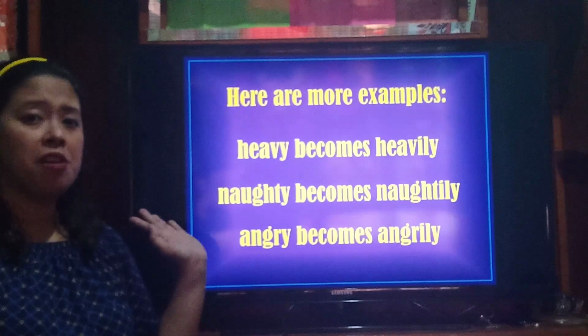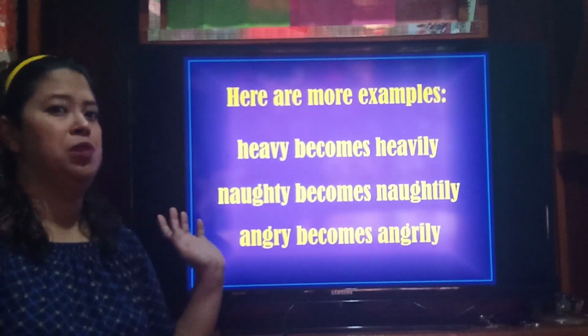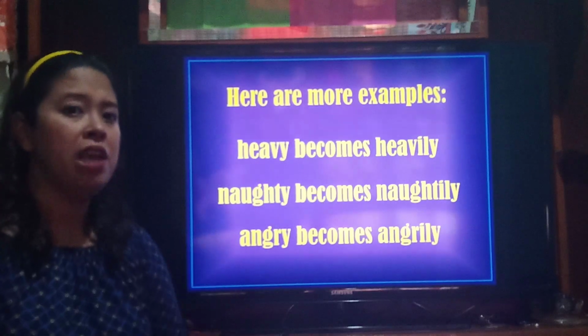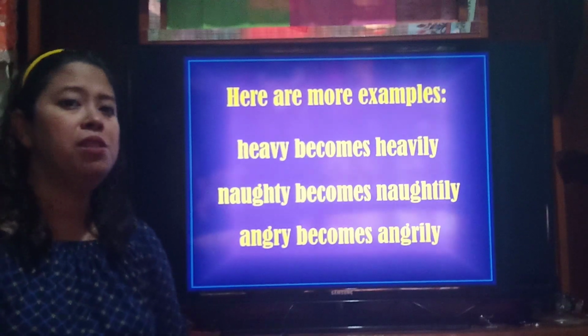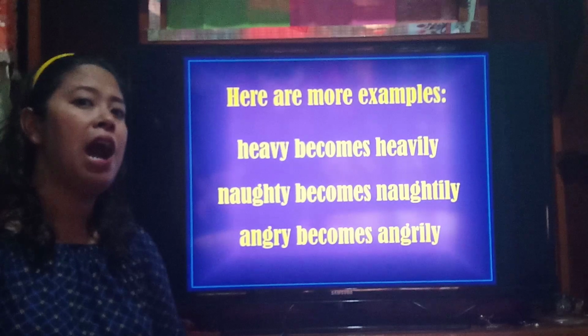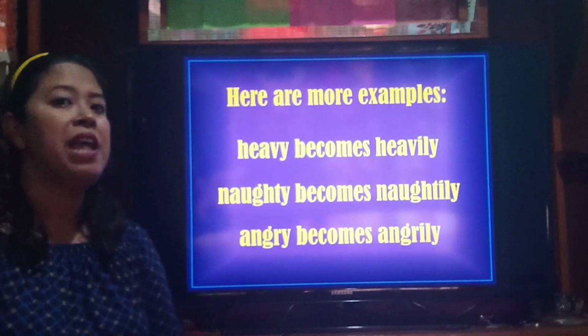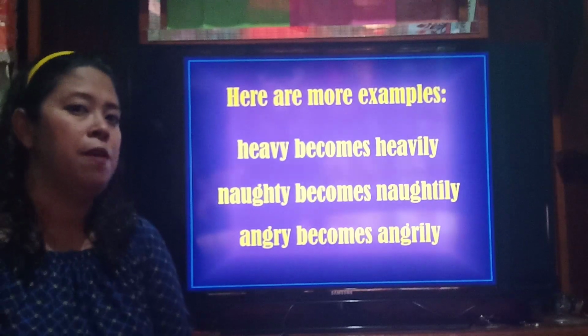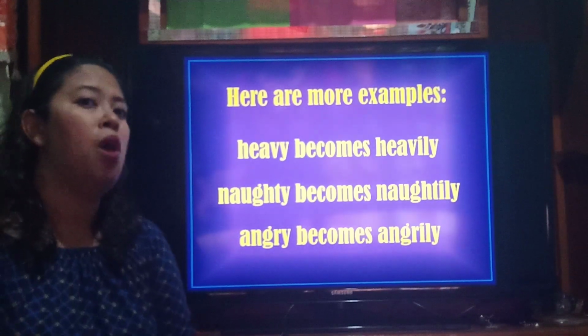Here are now our examples for our second rule. Remember, when the word ends with y, what do we do? We omit the y and then we add -ily to make it an adverb. Like, for example, we have heavy. The word heavy ends with y.